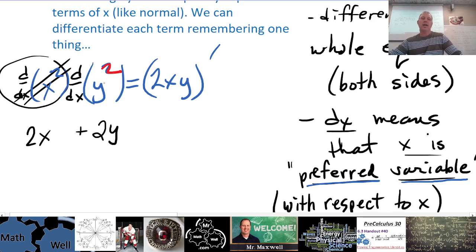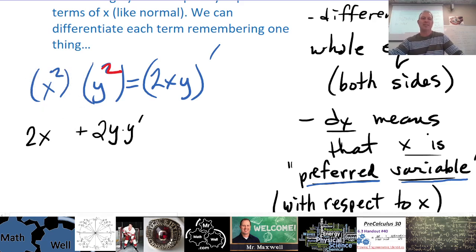But the chain rule says I have to also multiply by the derivative of y with respect to x, or multiply by y prime. So again, with respect to x, I can't do it the same way as if it was just an x term. I said I wasn't going to use Leibniz notation, I apologize, but it is helpful in some cases to view it that way.